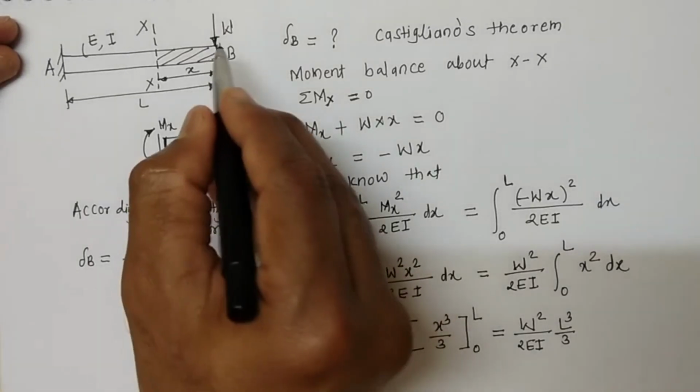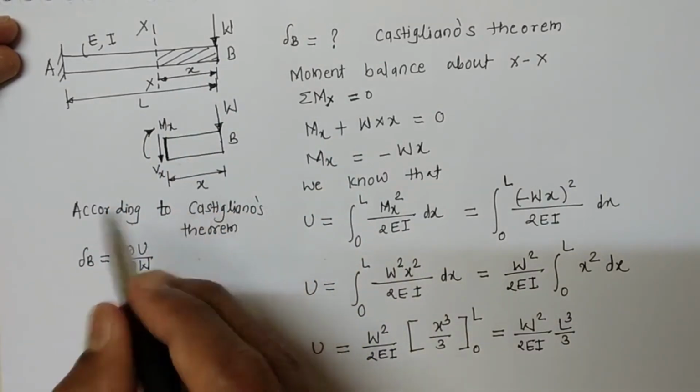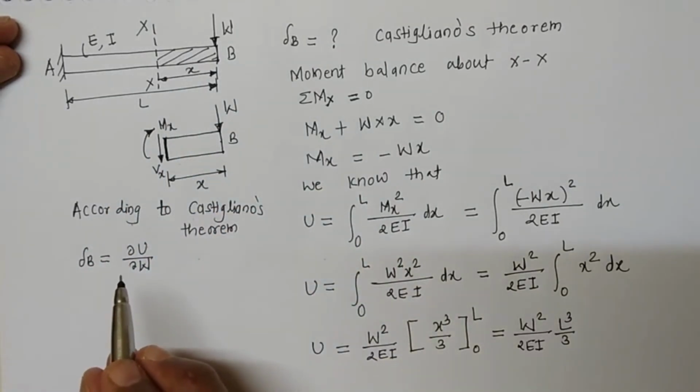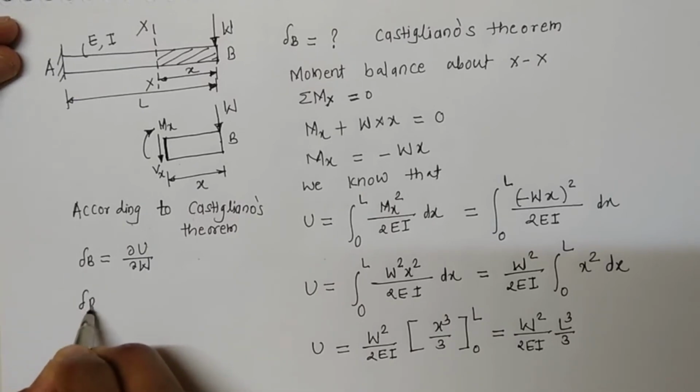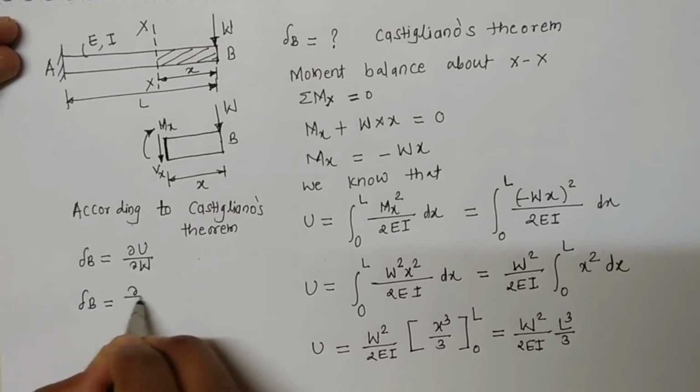So as the force applied is vertical, we would get the vertical deflection at the point B. So delta B is equal to dou by dou W of U.